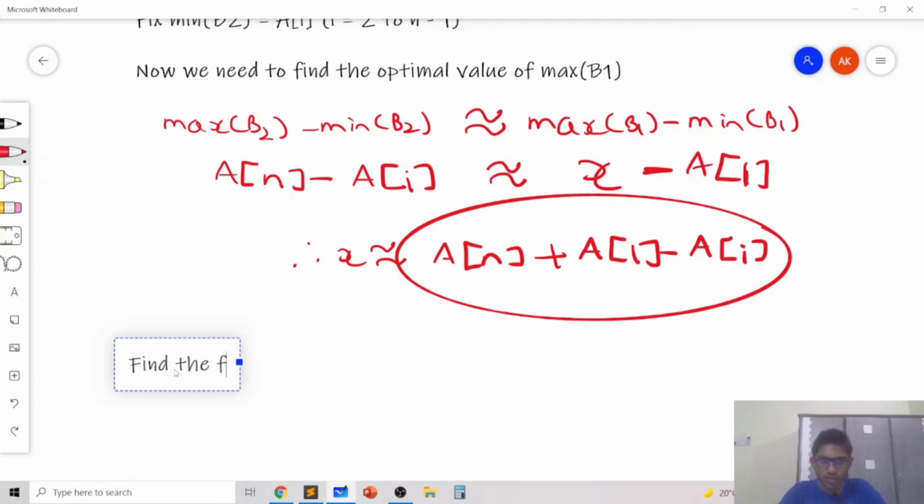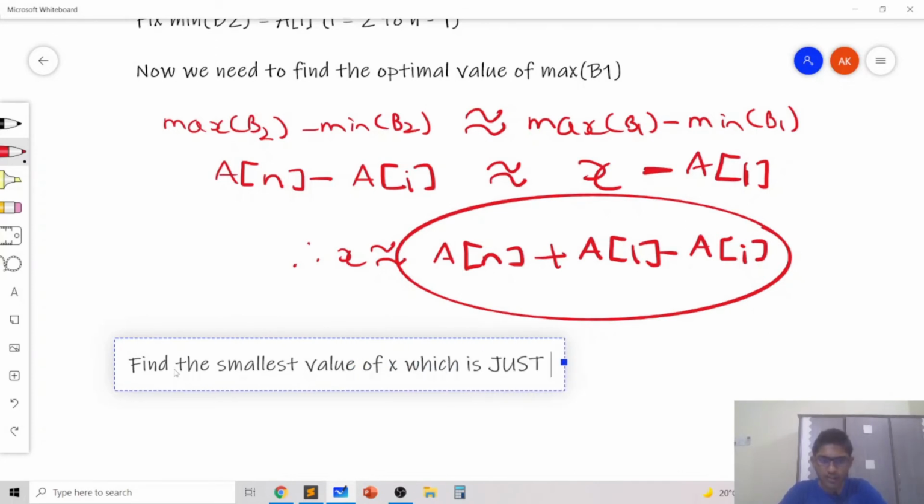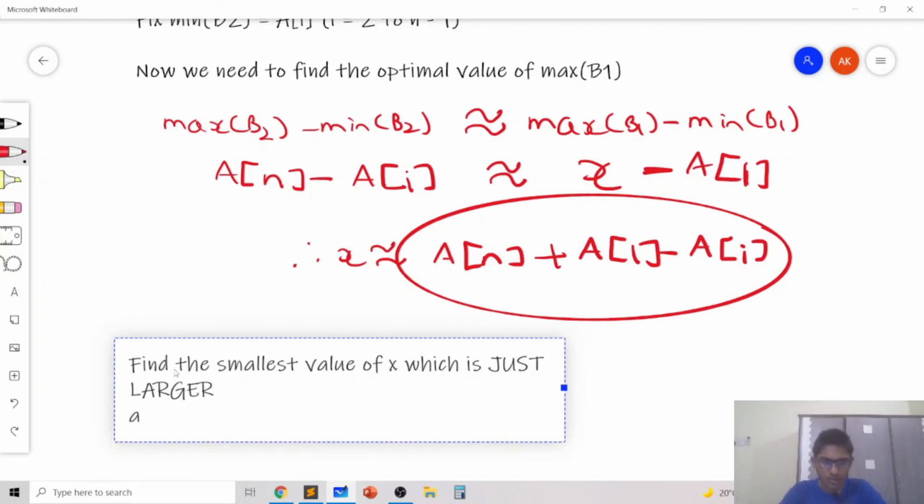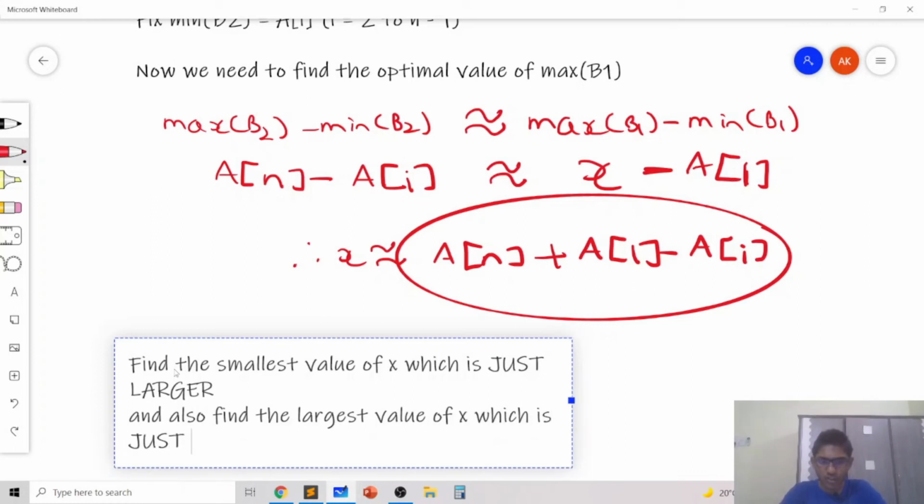So a good strategy in these kind of situations is to find the smallest value of X which is just larger than this quantity, and also find the largest value of X which is just smaller than this quantity.